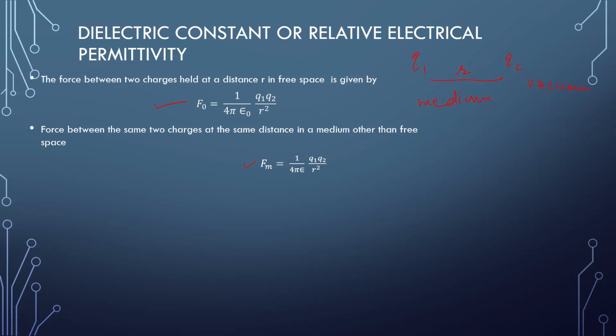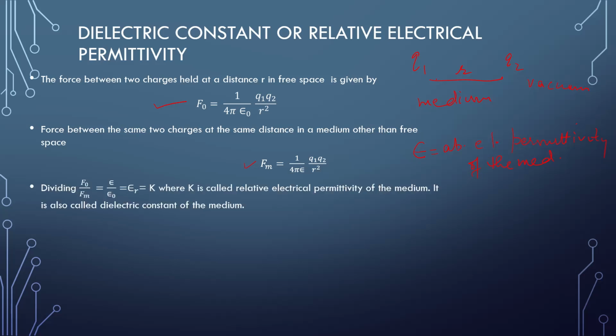For the medium we write Fm is equal to 1 upon 4 pi epsilon, where epsilon is what is called the absolute electrical permittivity of the medium, Q1 Q2 upon R square. Same two charges separated by the same distance.